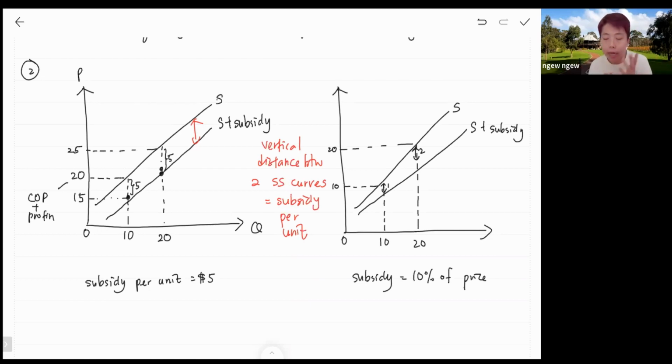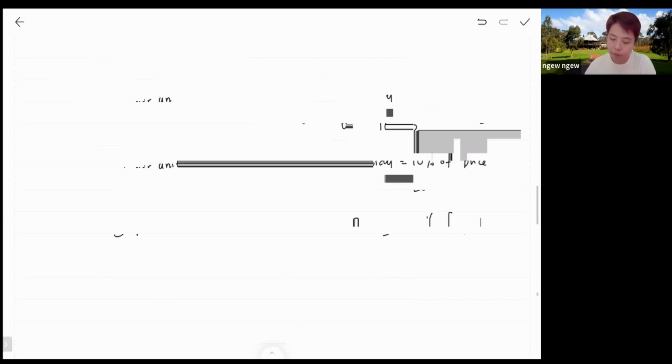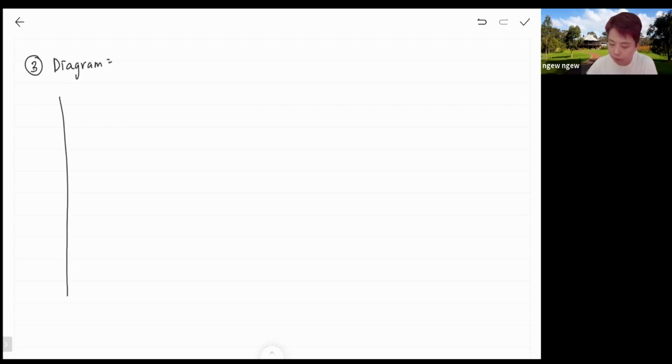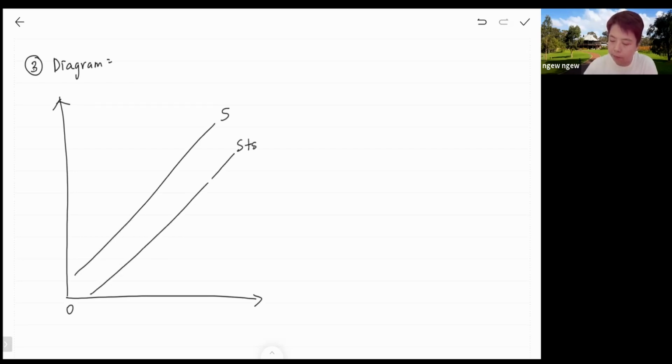Okay, and next we are moving into diagrams again. So now, as usual, we always draw the basic diagram first. S plus subsidy.